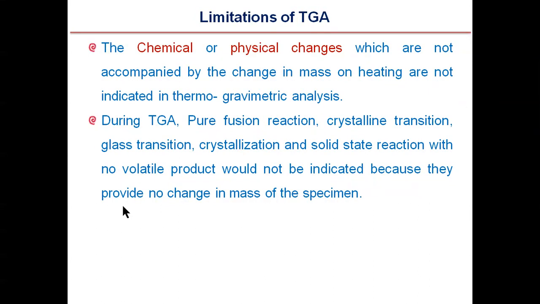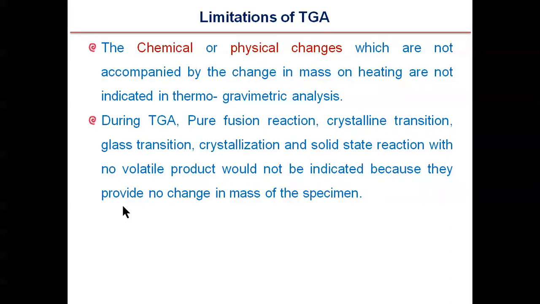And in the limitations, we have very few, just two limitations. The first one is that chemical or physical changes which are not accompanied by a change in the mass on heating are not indicated in thermogravimetric analysis.